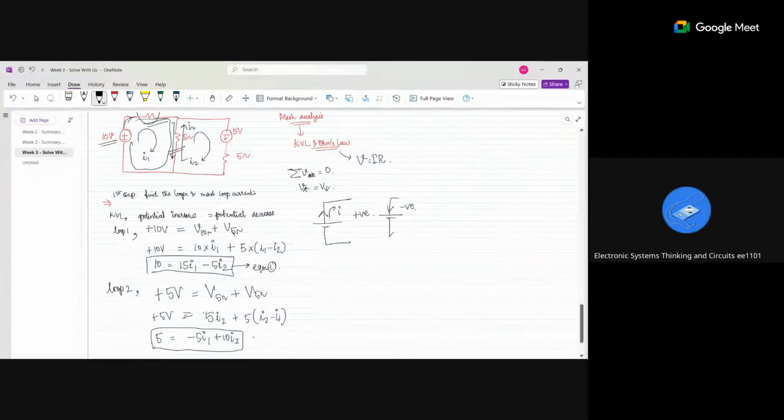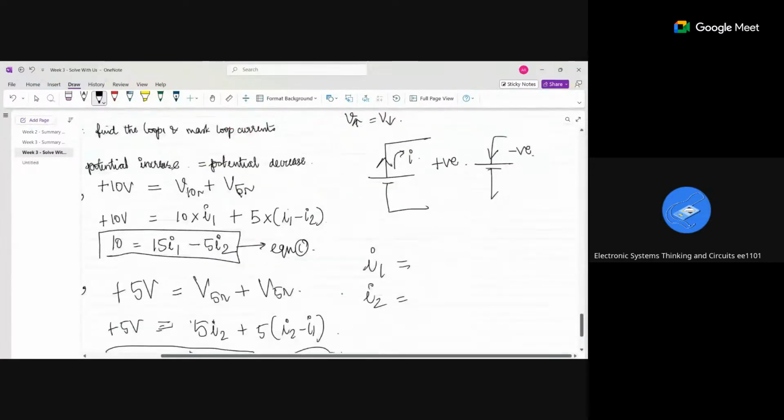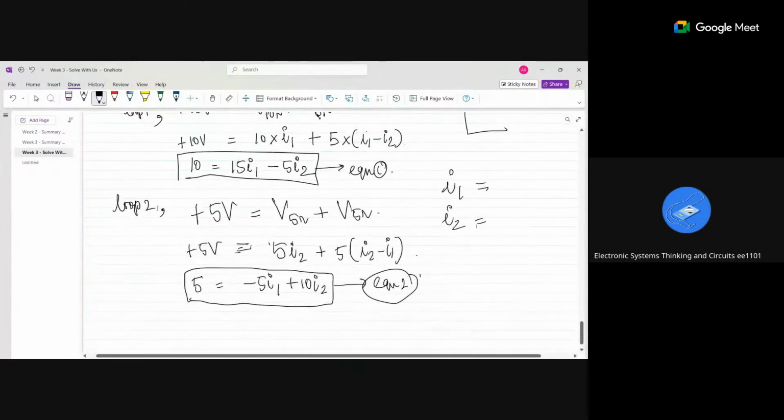This is the second equation. Is it clear? Yes. Are you also getting the same equation? Yes, ma'am. So what are I1 and I2? Solve and tell me. There are two methods, right? One is the elimination method, another one I forgot the name of.